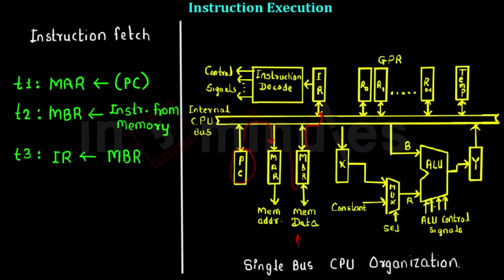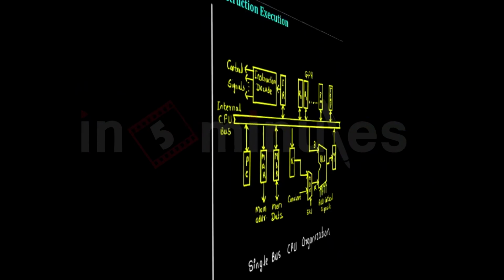In the instruction fetch, we also want to increment the program counter to fetch the next instruction after the execution of the current instruction is complete. So incrementing the program counter is also involved in the instruction fetch. These three T states are executed during the instruction fetch. I hope you understood the role each register plays in this instruction fetch.